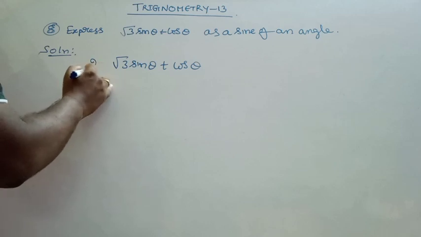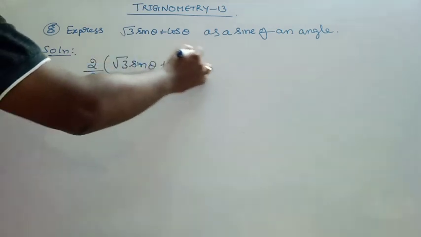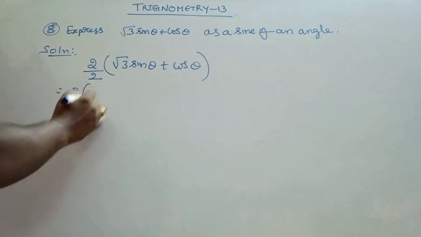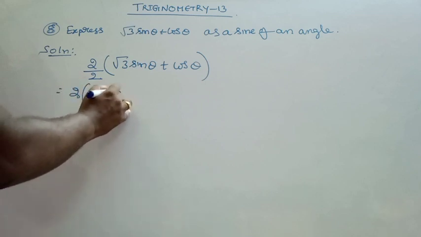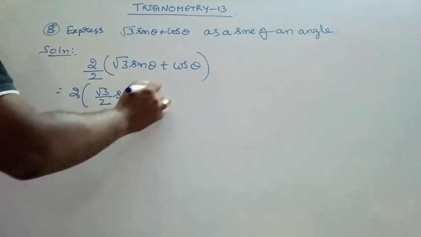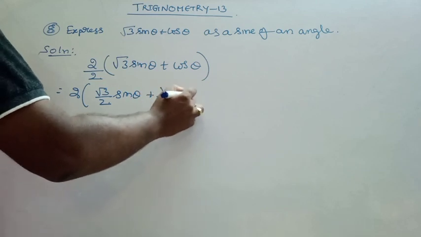I multiply and divide by 2, like this. Now this becomes 2 into root 3 by 2 sin theta plus 1 by 2 into cos theta, like this.